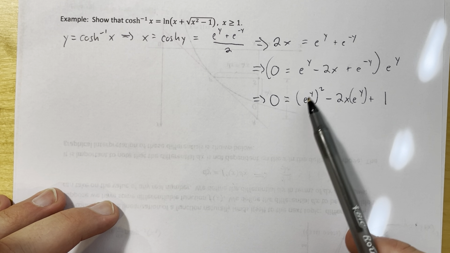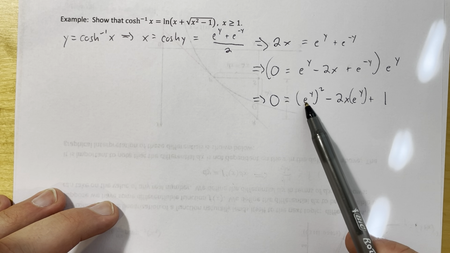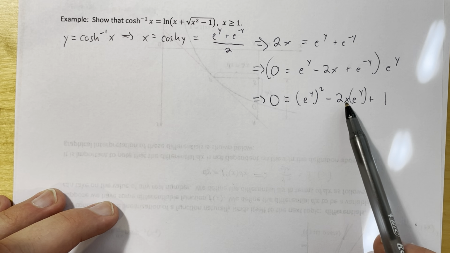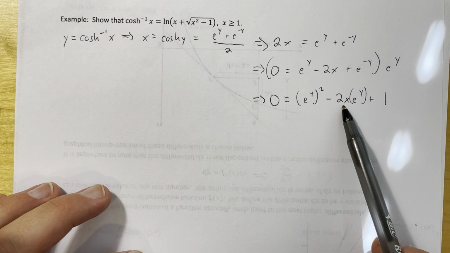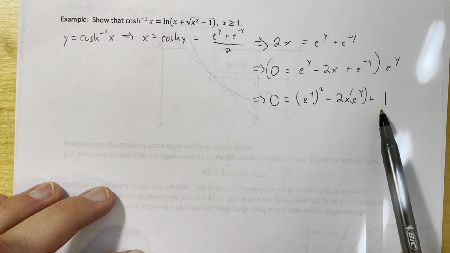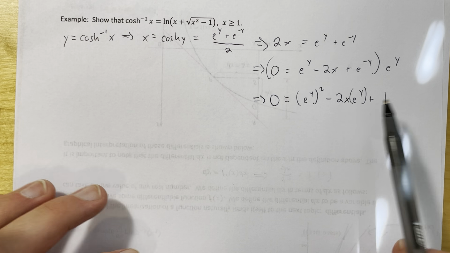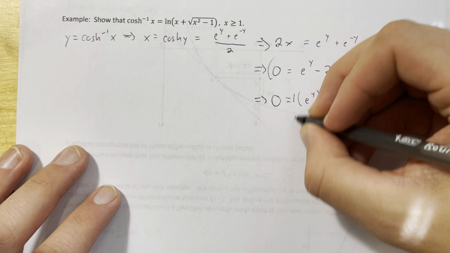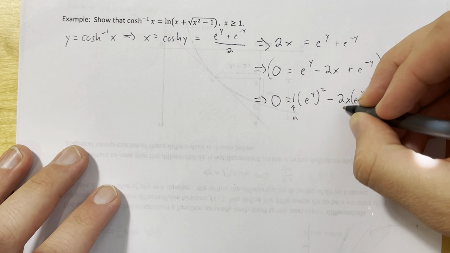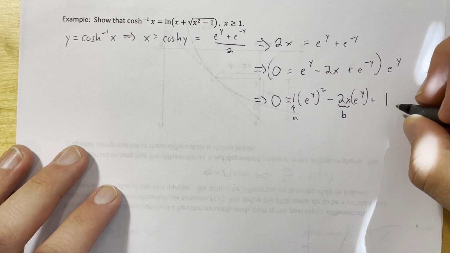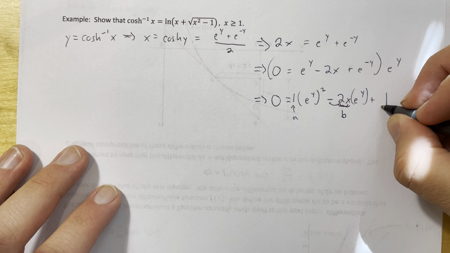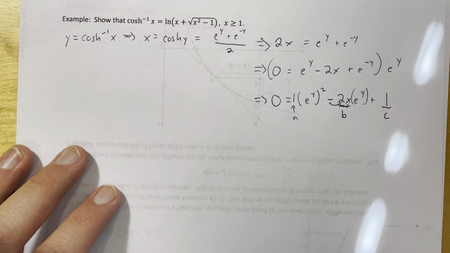If I think of e to the y, that entire thing, as my variable, then I have a term where my variable is being squared, a term where my variable is being multiplied by what I'm going to interpret as a constant, even though it's not, 2x, plus 1. So this is taking the form of a quadratic, and if I put a 1 here, I can think of that 1 as a, I can think of this negative 2x here as b, and I can think of this one as c.